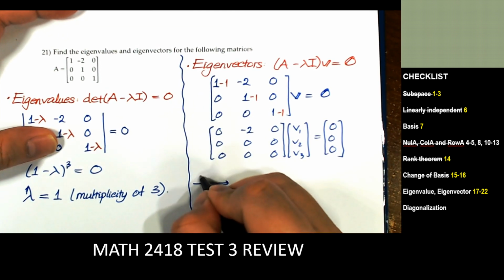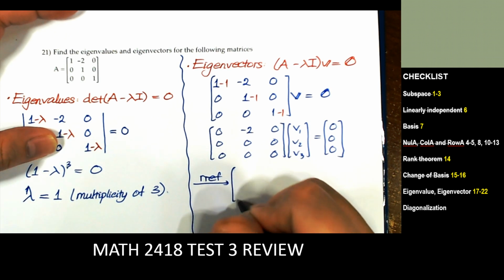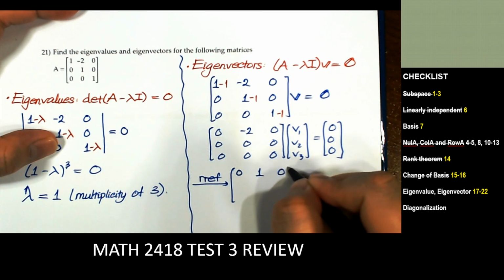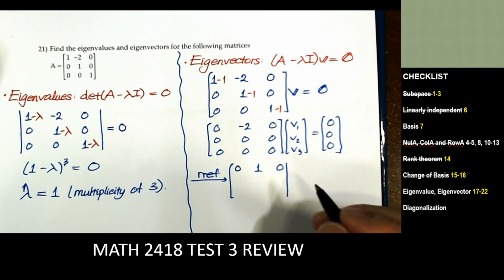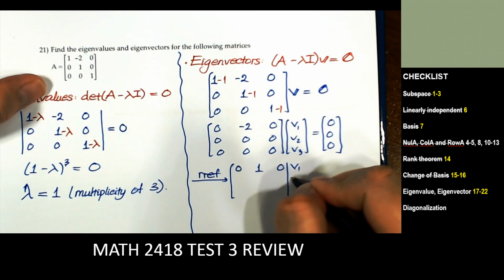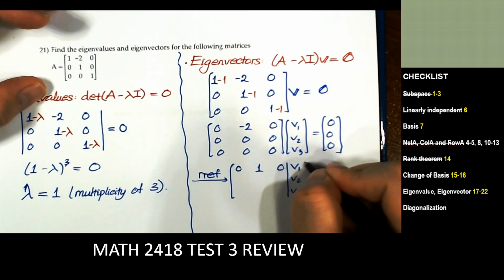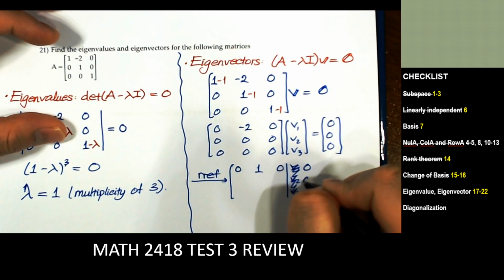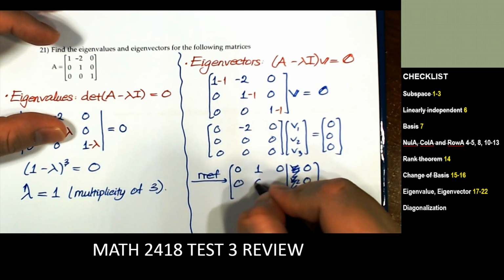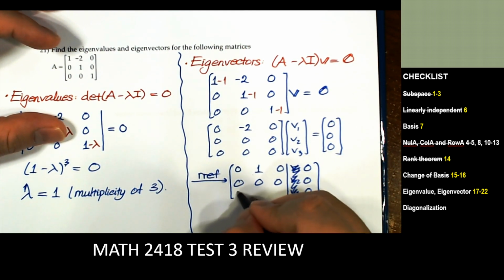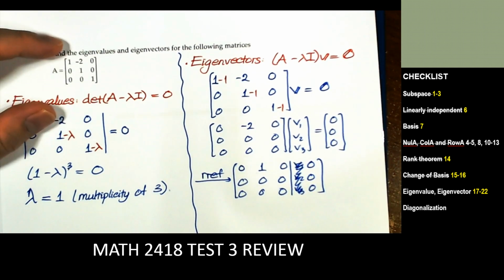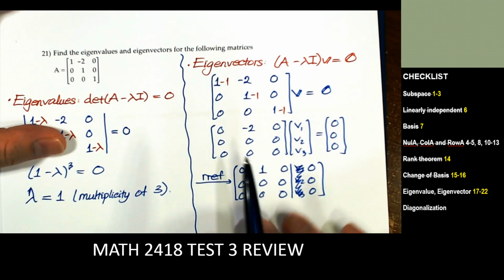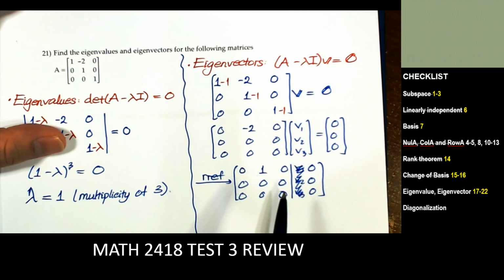Let's do the reduced row-echelon form, which will be not much. We just have 0, 1, 0 here, and 0 everywhere else. So here we see that v1 and v3 are free, and v2 is equal to 0.